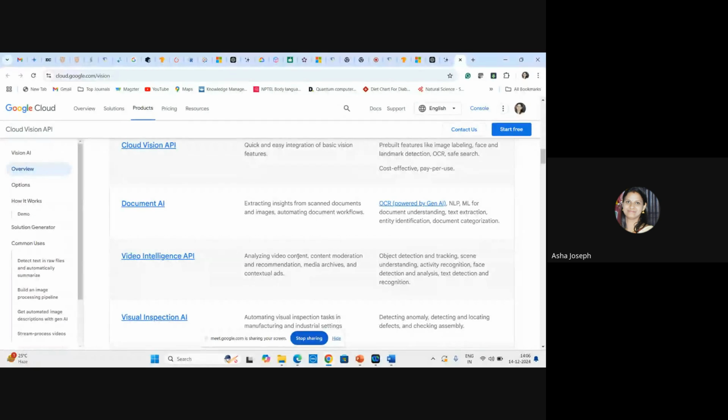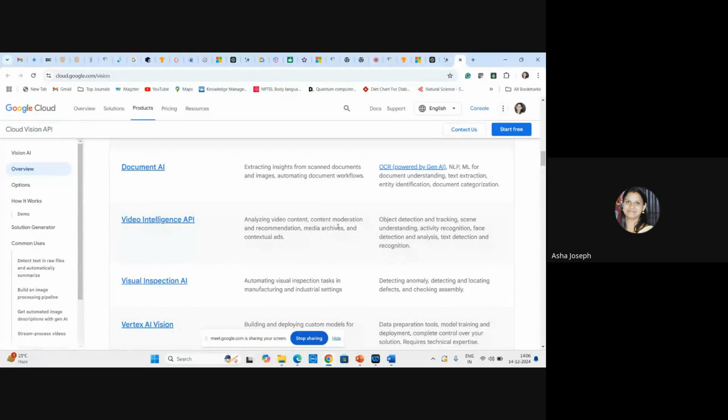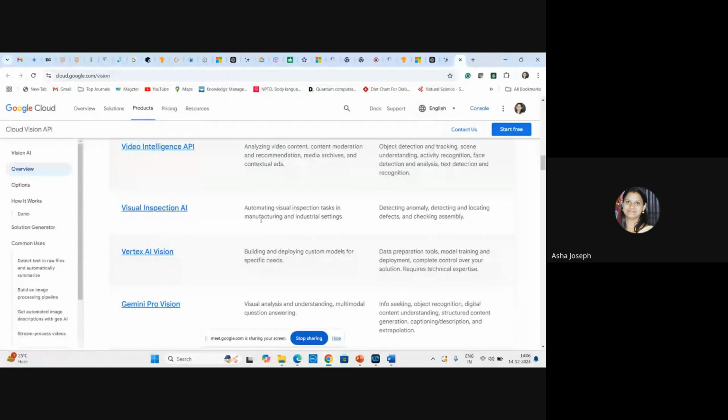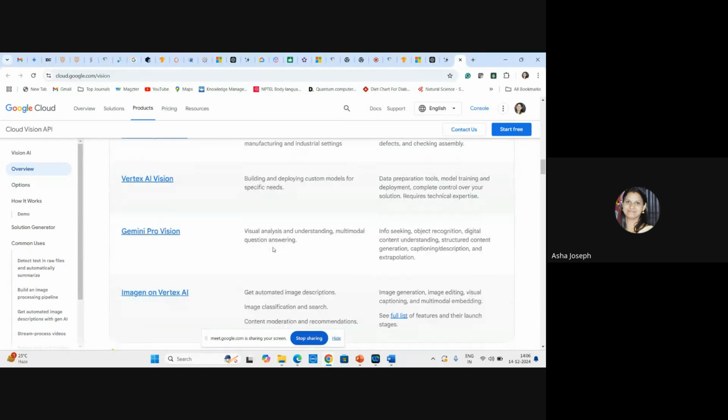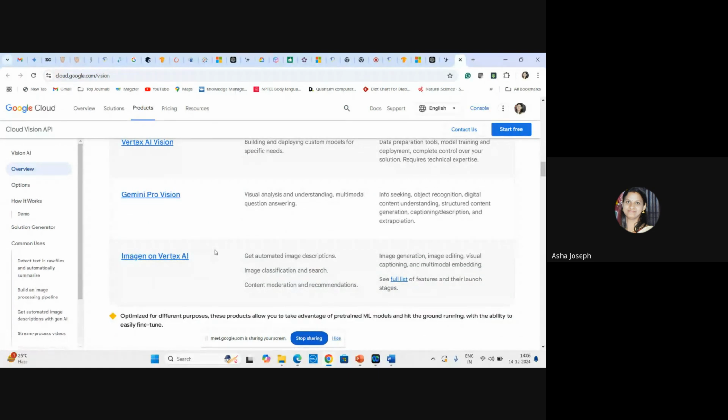Then Video Intelligence API, for analyzing video content and content moderation. Visual Inspection AI, for automating visual inspection tasks, and Vertex AI Vision, for building and deploying custom models for specific needs. Gemini Pro Vision, Gemini I have already shown you. Then Imagen on Vertex AI.